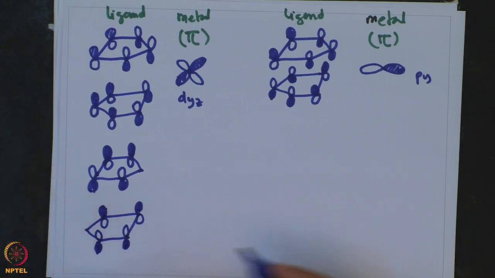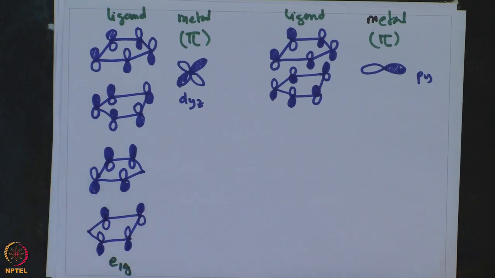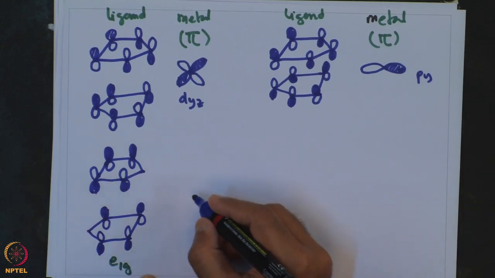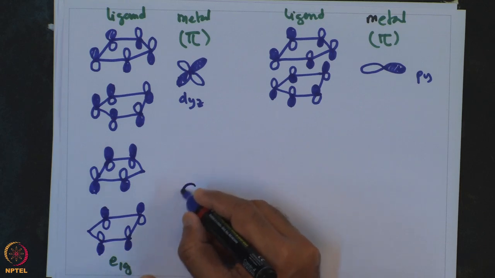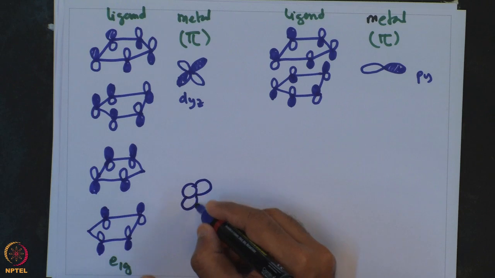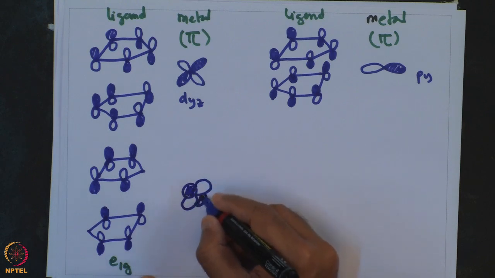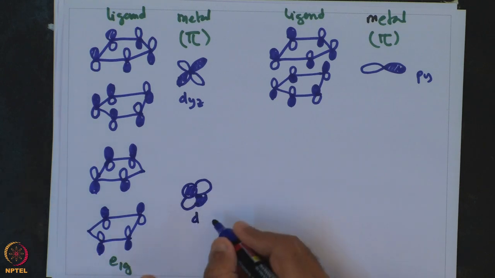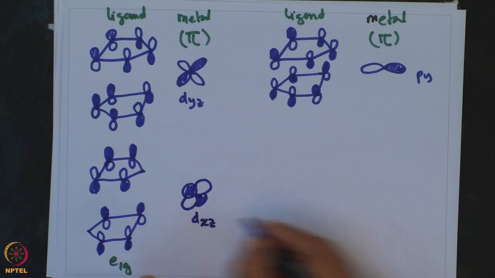So, these are E1g orbitals, and this also involves a pi type interaction. The orbital involved is d xz.